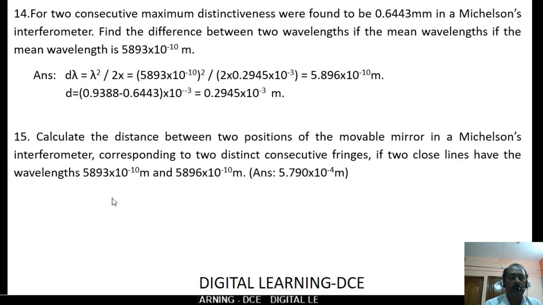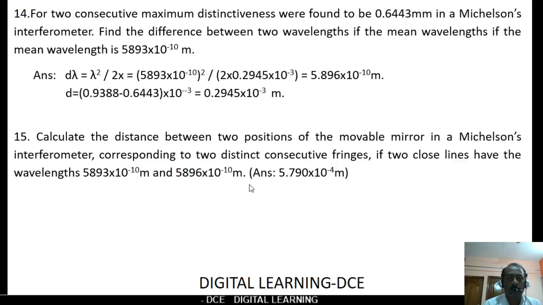15th one. Calculate the distance between two positions of the movable mirror in a Michelson's interferometer corresponding to two consecutive distinct fringes. If two close lines have the wavelength 5893 into 10 raised to minus 10 meter and 5896 into 10 raised to minus 10 meter, you can calculate the distance between the two positions of the movable mirror.